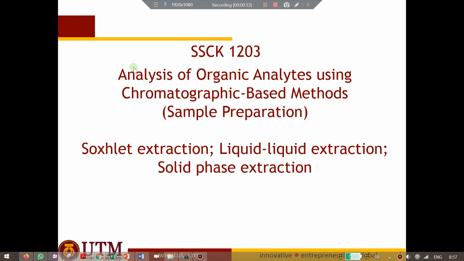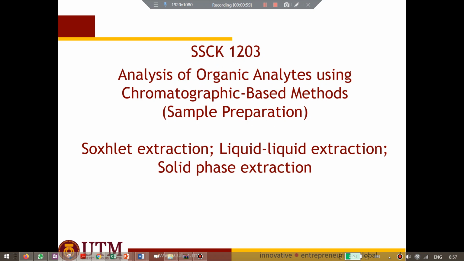Saya pun tak faham kenapa tajuk dia macam tu, it's not really kena dengan content dalam benda ni, but I think the correct title is about sample preparation for the analysis of organic analytes using chromatographic method. Kalau kata you nak faham lah. Okay, tapi kalau kata macam ni macam pelik kan, but it's about sample preparation for the analysis of organic analytes.